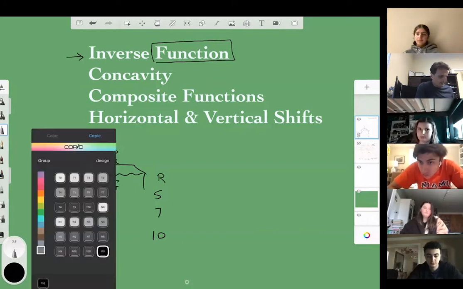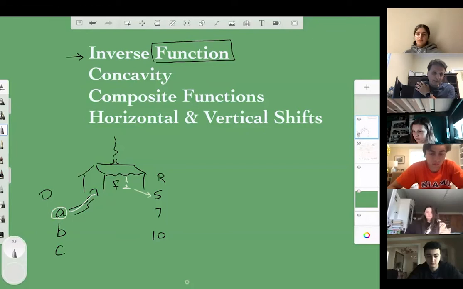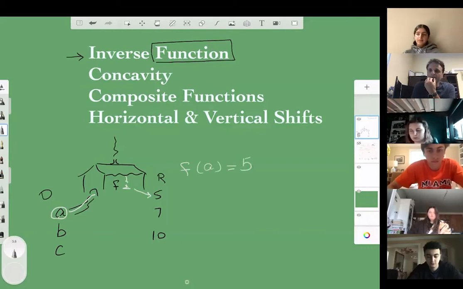So F gets an input, which is A. A goes inside, something is cooking inside, and the output is 5. We write it F of A equals 5, correct?